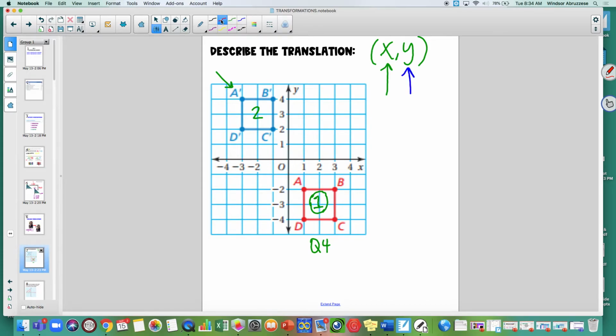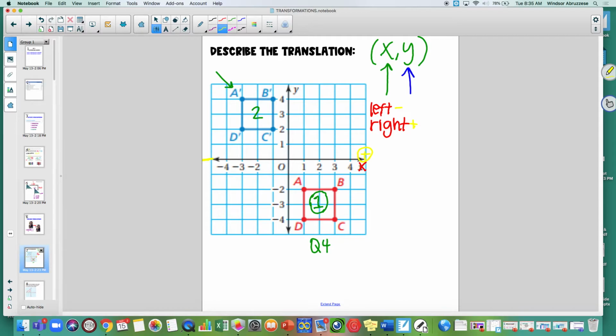The x-axis moves left and right, the horizontal x-axis. When I move left, is that positive or negative? Negative. Think of the number line. These numbers over here are negative. And when I move to the right, positive. These numbers over here are positive.